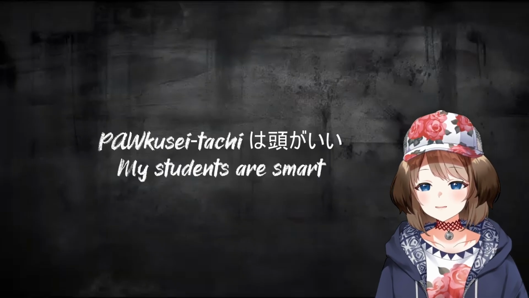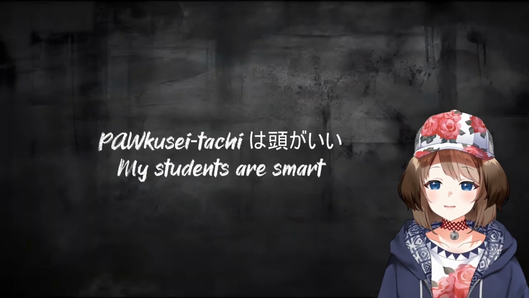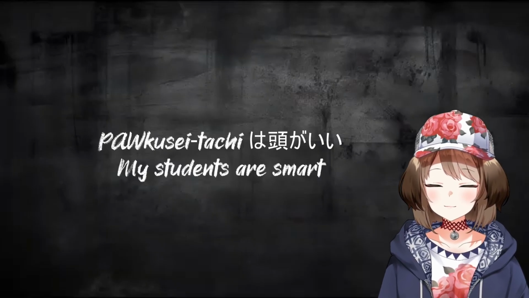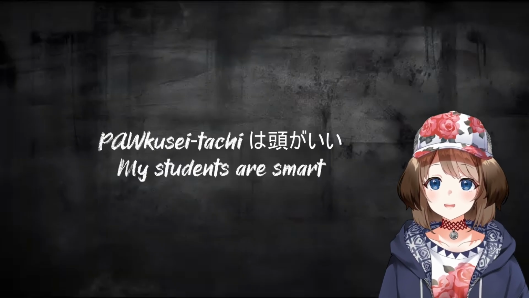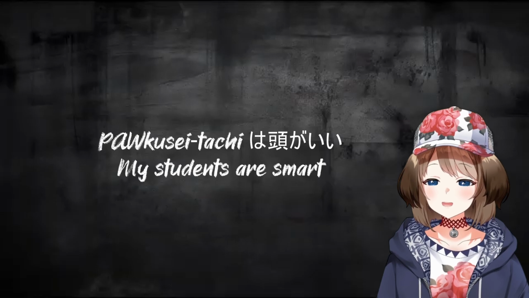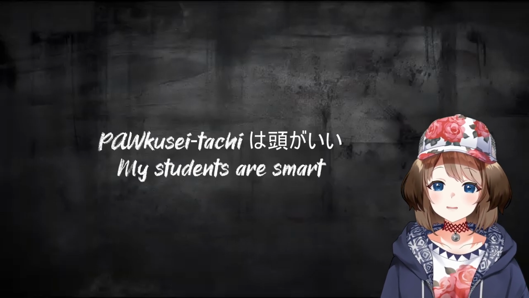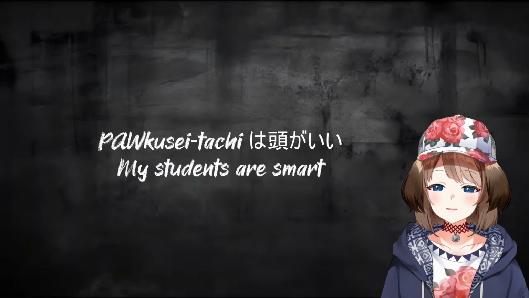And in the phrase atama ga ii, we've selected ga because it's not an active descriptor. Your head isn't doing anything. It's just being good. It's being smart. Atama ga ii. My head is smart. However, when we want to describe someone as doing the state of being smart, we need both wa and ga.